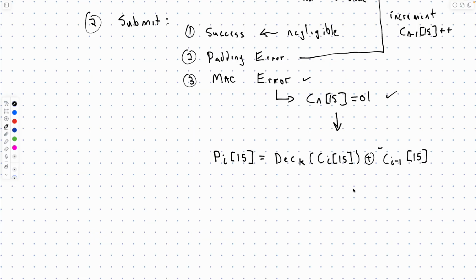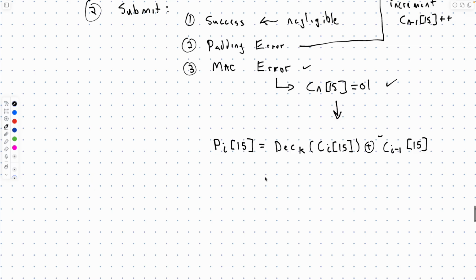That's just CBC decryption, that's the definition of it. Now, in my special case, the fact that I learned is that if I modify this to some other value, then because I got a MAC error instead of a padding error, P_i[15] should be 0, 1.